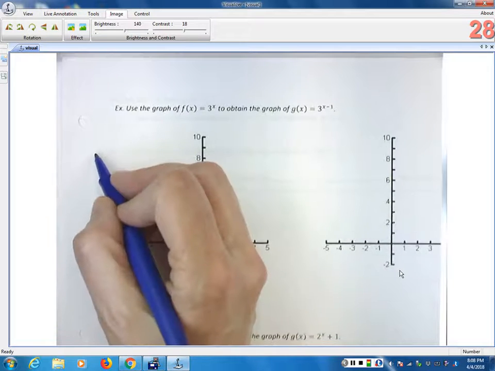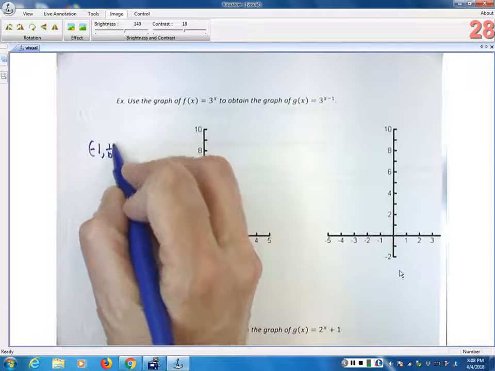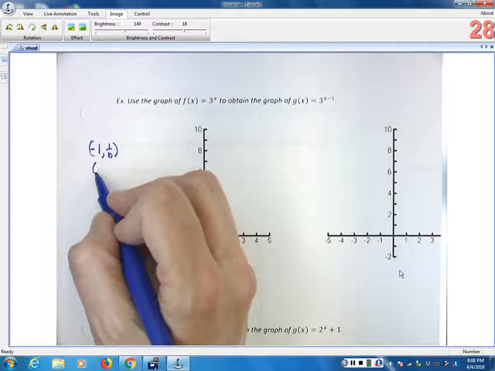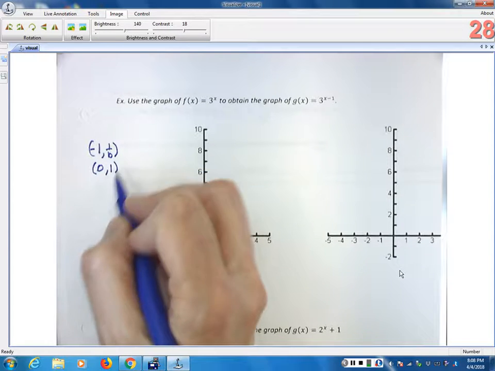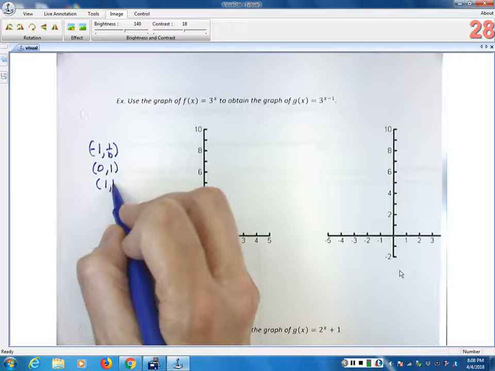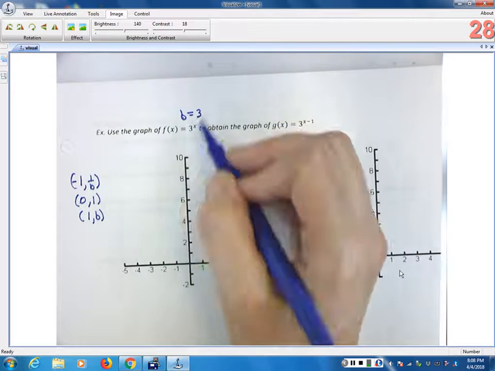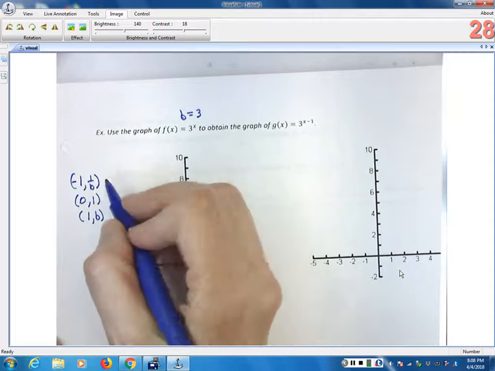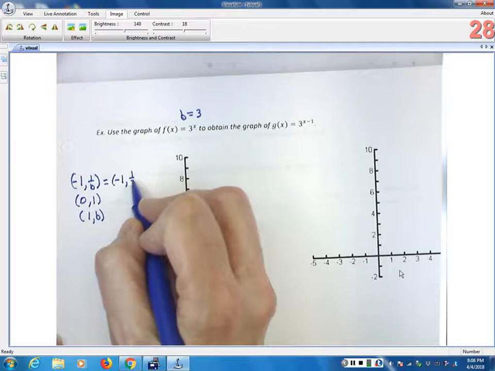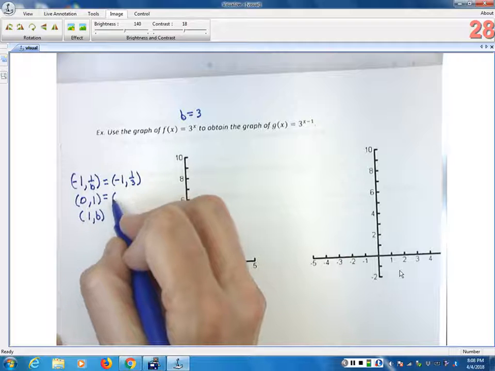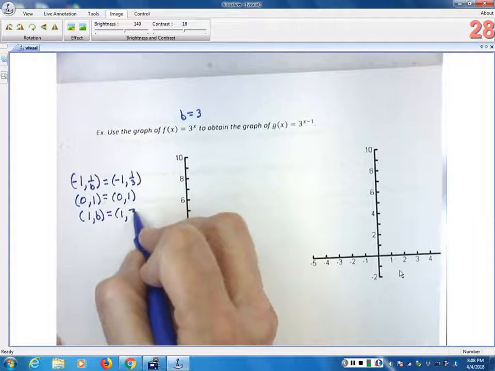But I'm going to write them in order: (-1, 1/b), (0, 1), and (1, b). And b here is 3. So this is (-1, 1/3), still (0, 1), and this is (1, 3).